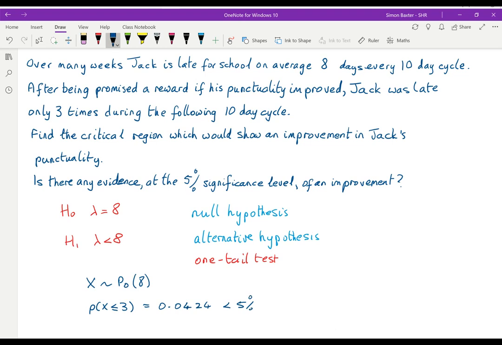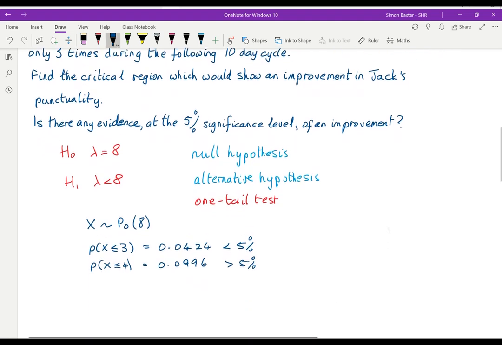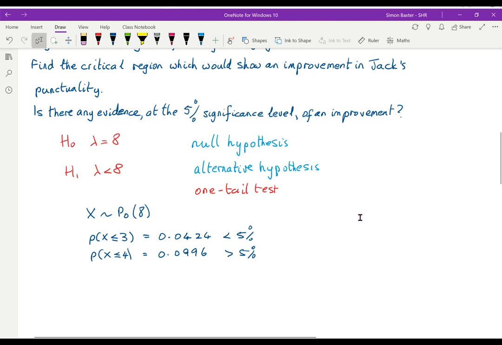We want to go the other side of 5%. We need to go up 1. X less than or equal to 4 is equal to 0.0996. That's bigger than 5%. We're dealing with a one-tail test, so we take the value which is less than 5%.